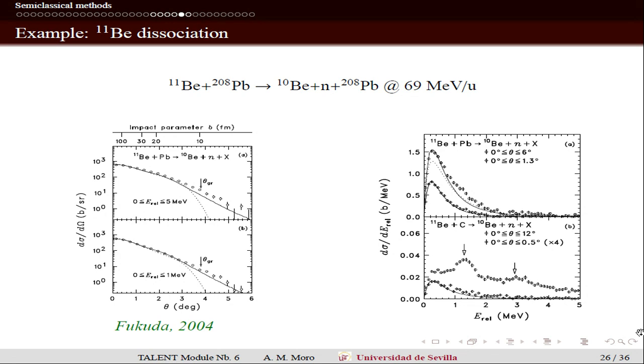So you integrate only up to this angle and then you have, of course, less statistics because you have less counts, but this corresponds to this angular distribution. So the lines that you see here, and you will reproduce this afternoon, correspond to the calculations with this equivalent photon method. So from these calculations, they try to infer the B1 distribution of this system. That is just proportional to this quantity.